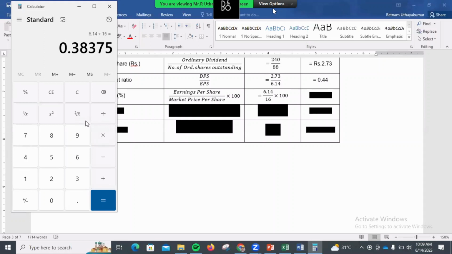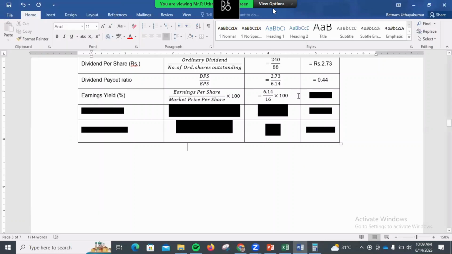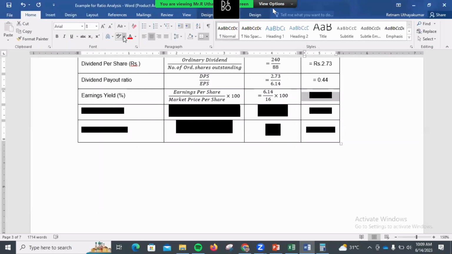So you can multiply by 100 also. So 38.37, or 38.38 you can have.